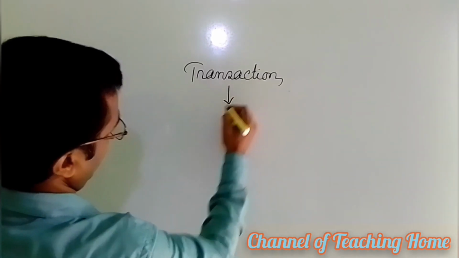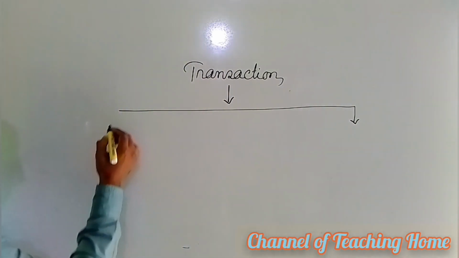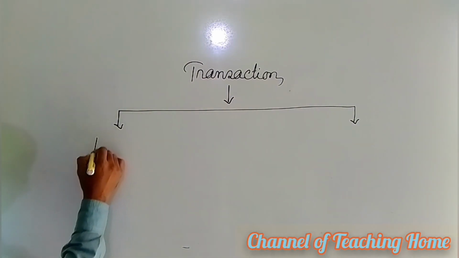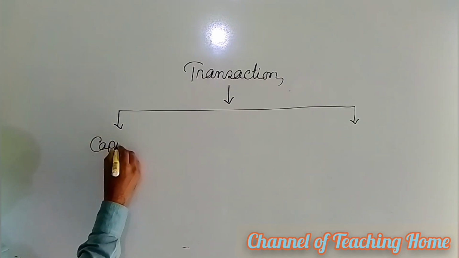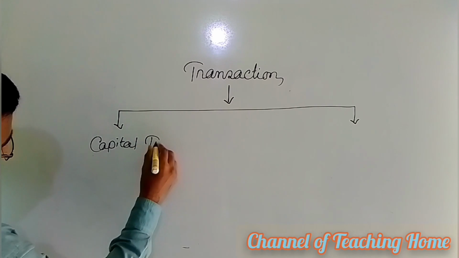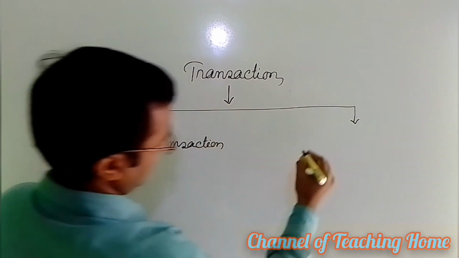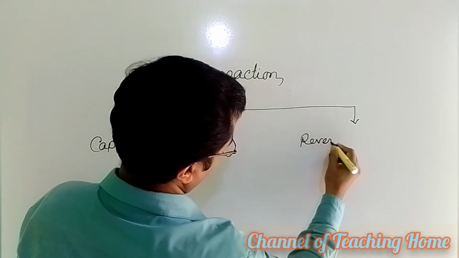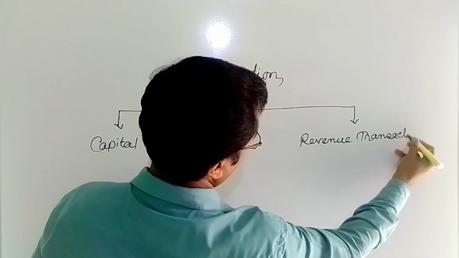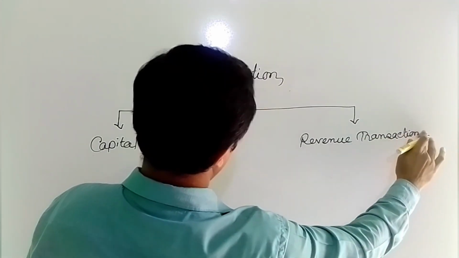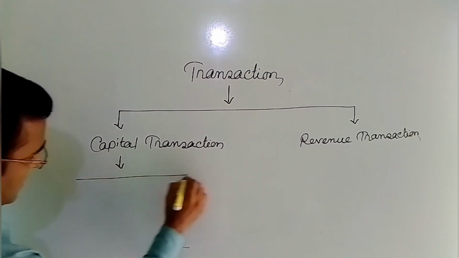Now at first, the first one, capital transaction. Another one, revenue transaction. Okay. This capital transaction is also of two types.